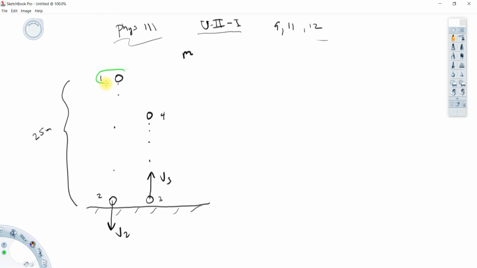All right, where the ball started, what it was doing just before impact with the ground, an instant after it leaves contact with the ground, and its highest point. Okay, these are all going to be kind of important. Now, let's talk about position. What's happening from 1 to 2?